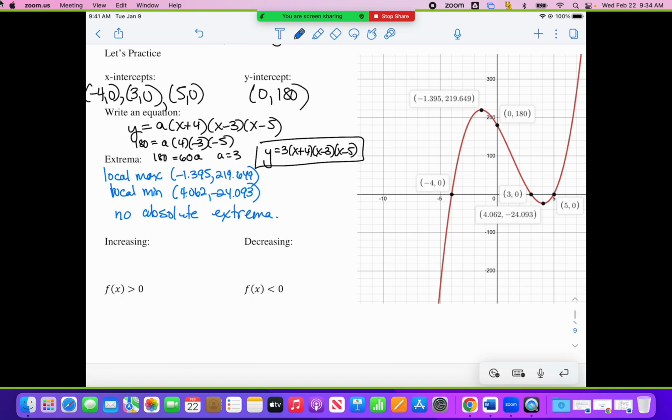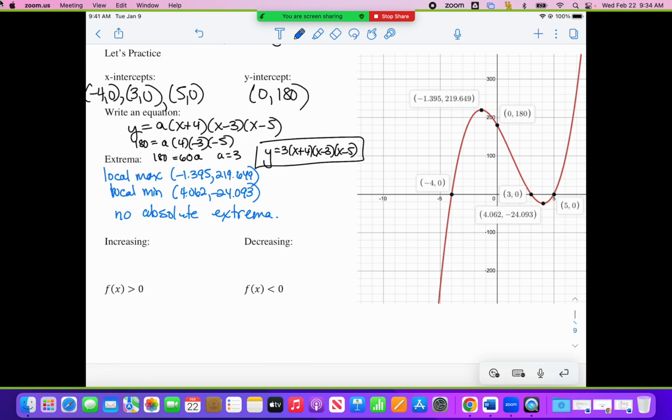So it's rising from the left until it hits an x value of -1.395. Then it falls, that's where the graph is decreasing, and we describe the x values. And then at this local minimum, the graph is rising again.